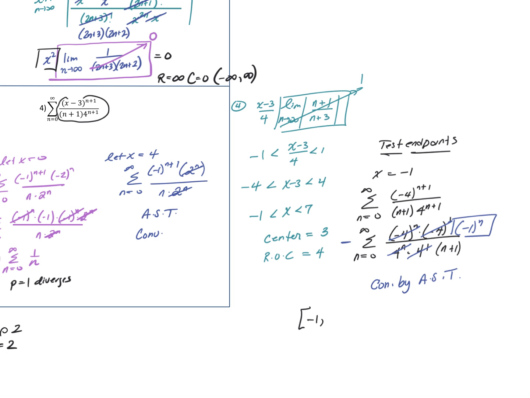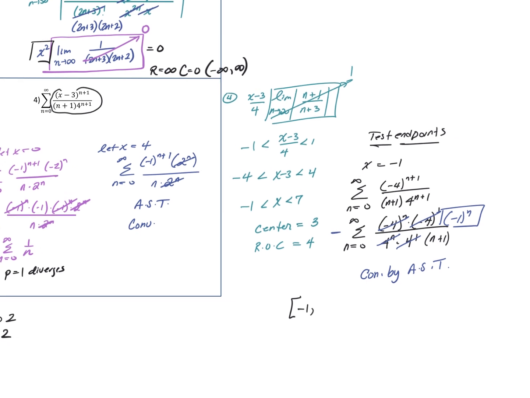And then when you plug in the 7, we end up with 4 to the n plus 1 over n plus 1, 4 to the n plus 1, cancel, cancel.